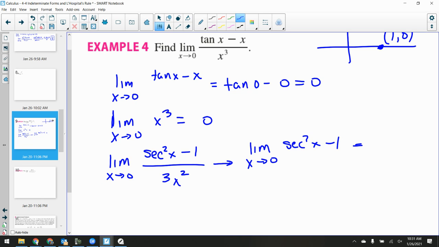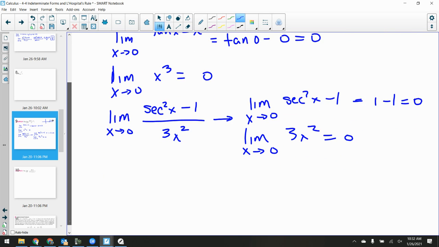Well, secant squared of 0, you can trust me on this one. Secant squared of 0 is 1, minus 1 would be 0. And the limit as x goes to 0 of 3x squared is also 0. So this is another indeterminate form. So we keep using L'Hopital's rule.